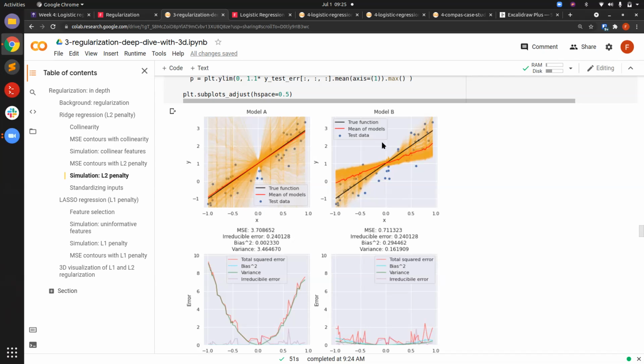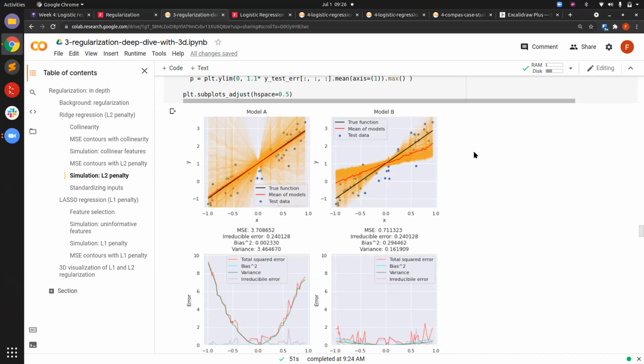So if you run this estimator many times on new independent training sets from the same distribution, the mean of all those estimates is not going to be the true function. Here is the true function. The mean of the estimates is here. You can see that the mean of the estimates has coefficients that tend towards smaller values than their true values. On the other hand, the variance of this model is much less.